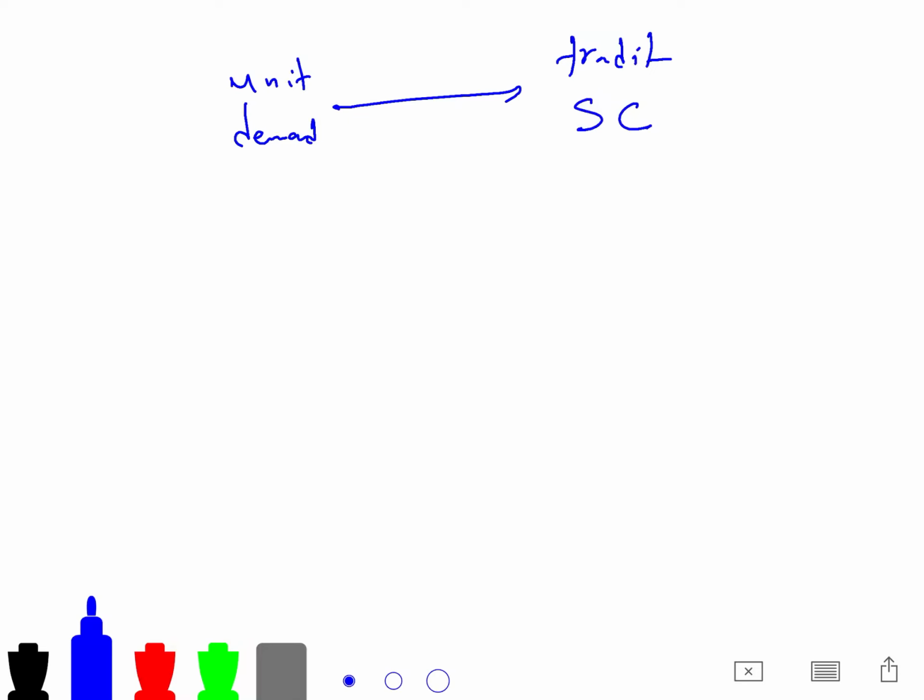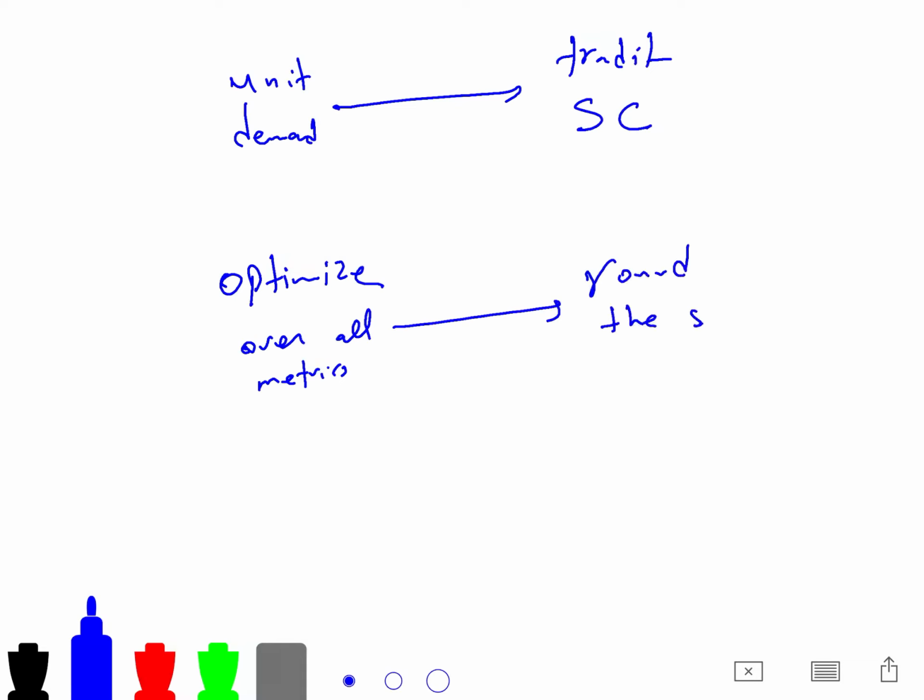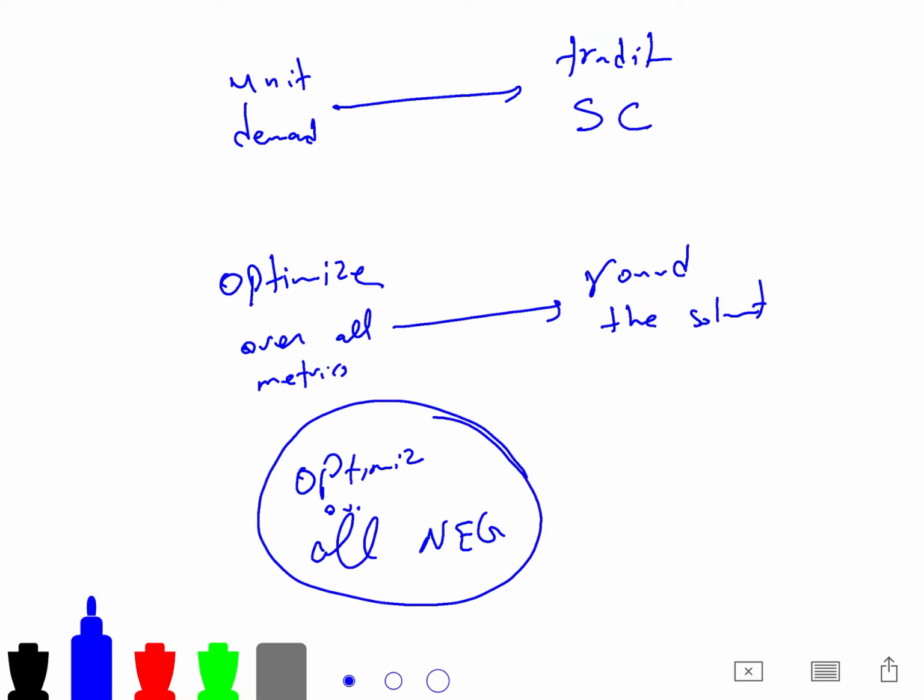But when we optimize over all metrics, and then we round the solution, this is an NP-hard problem. And what we want to do is first optimize over all negative type metrics. We optimize it, and then we round it.